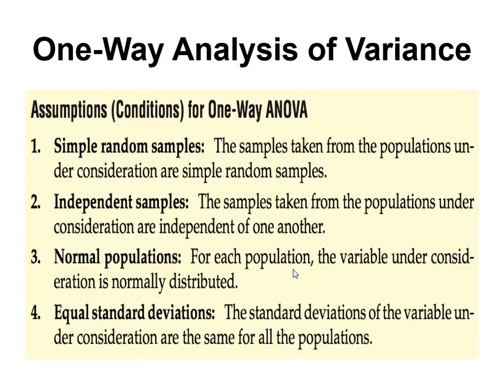There are some conditions in one-way ANOVA, and these conditions also hold for two-way ANOVA. The first is simple random samples. The samples taken from the populations under consideration are simple random samples, just like we took samples of weight loss from students who drink black tea, no tea, or green tea.